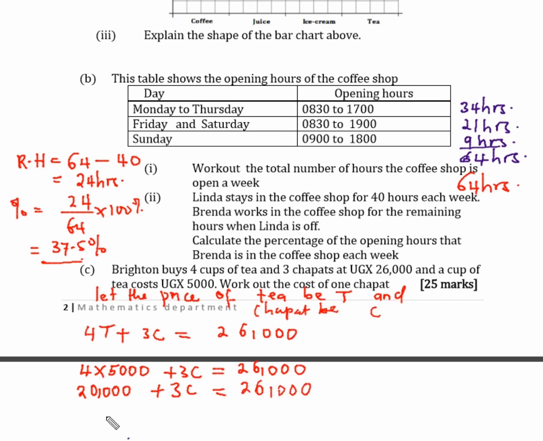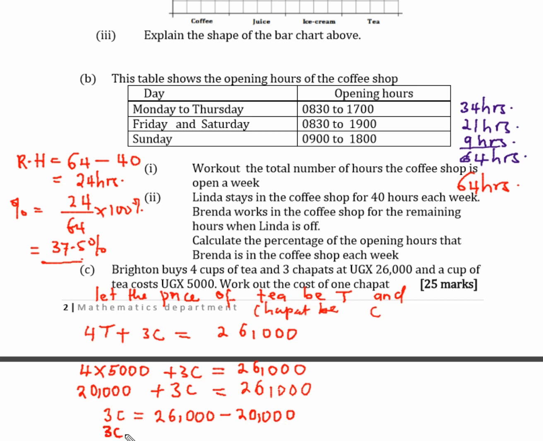Collecting like terms, we shall have 3C is equal to, we are going to carry 20,000 to the right, therefore it will be 26,000 minus 20,000 Ugandan shillings.